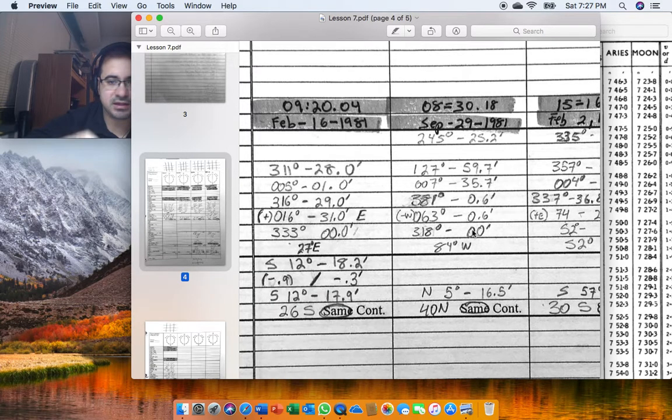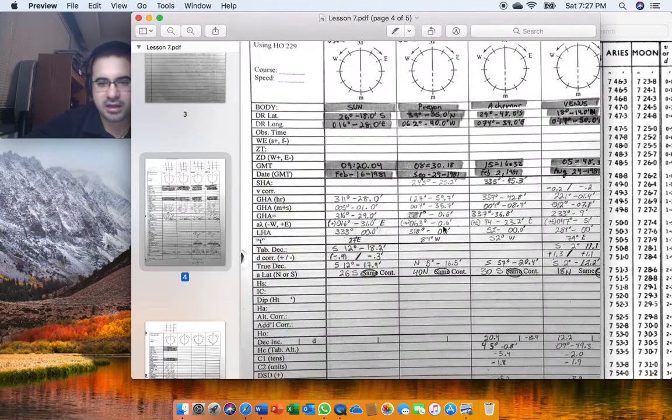We have 21 here minus the 63. So 21 minus 63, negative 42, and obviously you cannot have a negative value. So plus 360 is 318. And once again, LHA is 318, somewhere here. So our T is going to be 84, from M going east or west.